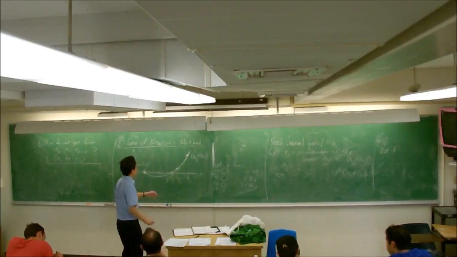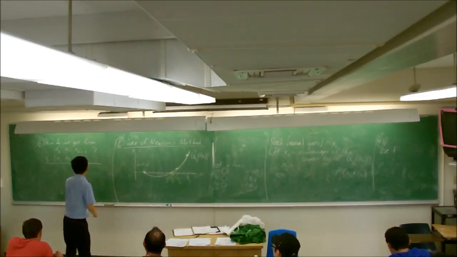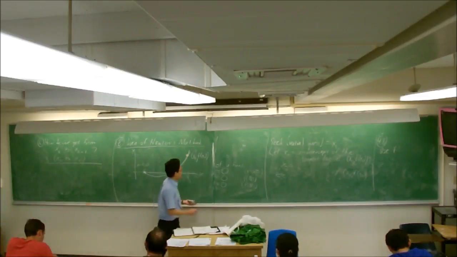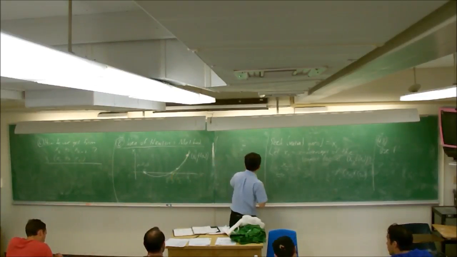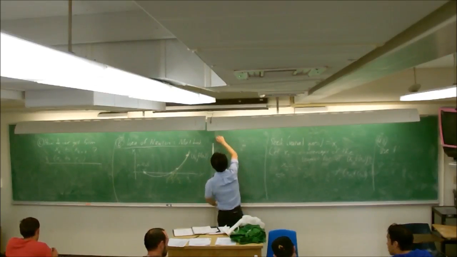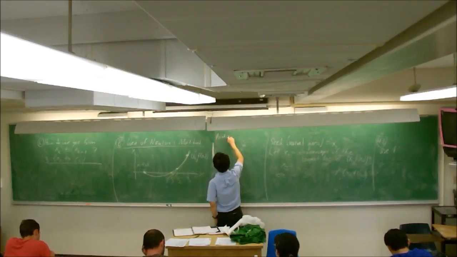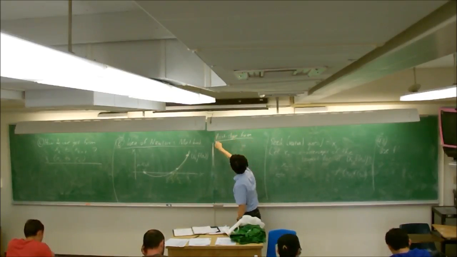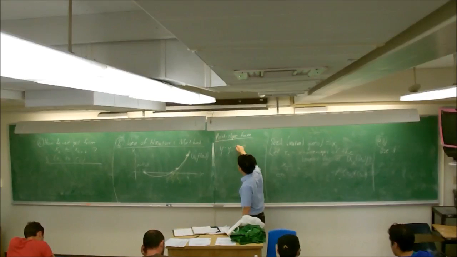Well, let's look at this very first tangent line here. We'll start with the point-slope form for a line. Y minus y sub 1 equals what?